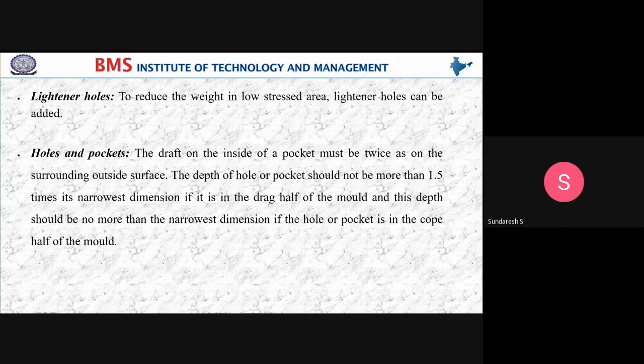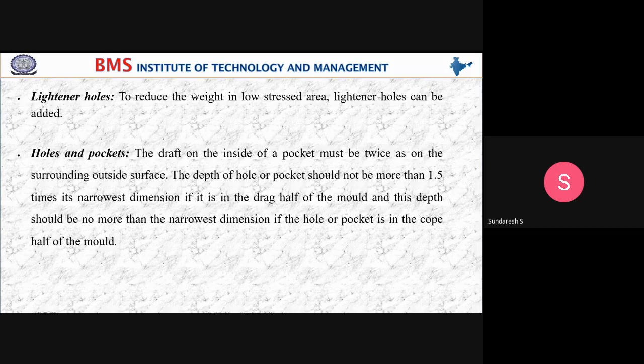So holes and pockets. When you have any pockets or oil holes or whatever it might be, or sometimes through holes, all these things, the draft on the inside of a pocket must be twice that of the surrounding outside surface. The depth of the hole should not be more than 1.5 times its narrowest dimension.